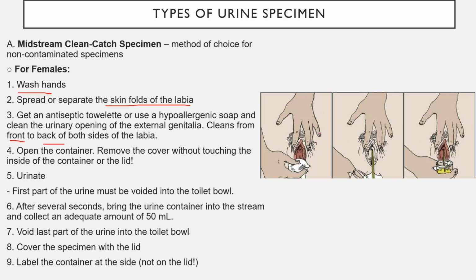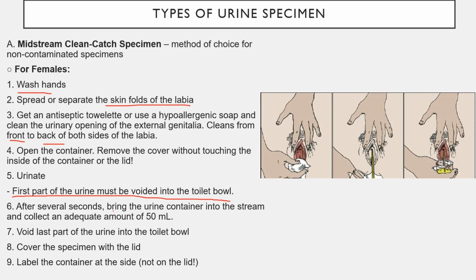Urinate, class. Here's the important part. When doing midstream clean catch, the first part of the urine must be voided into the toilet bowl. So when you urinate, the first part that comes out should be directed into the toilet bowl.